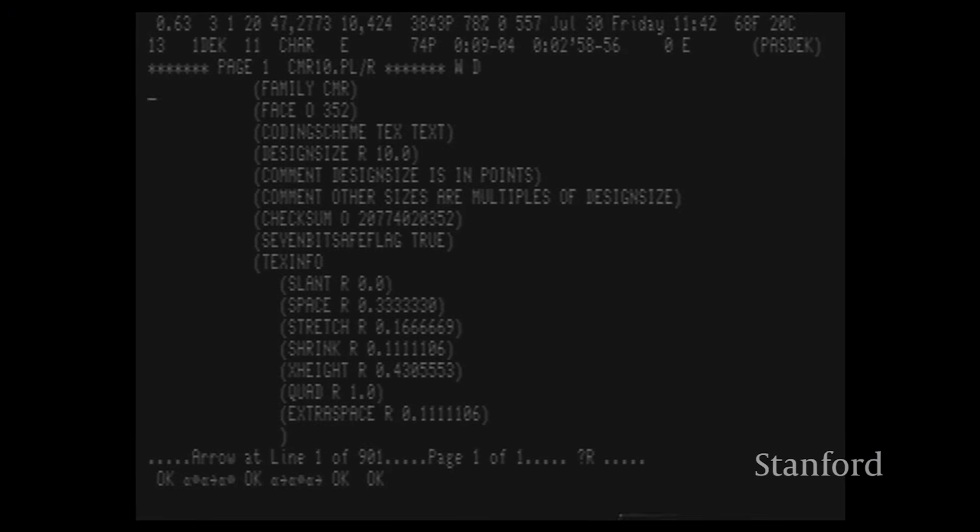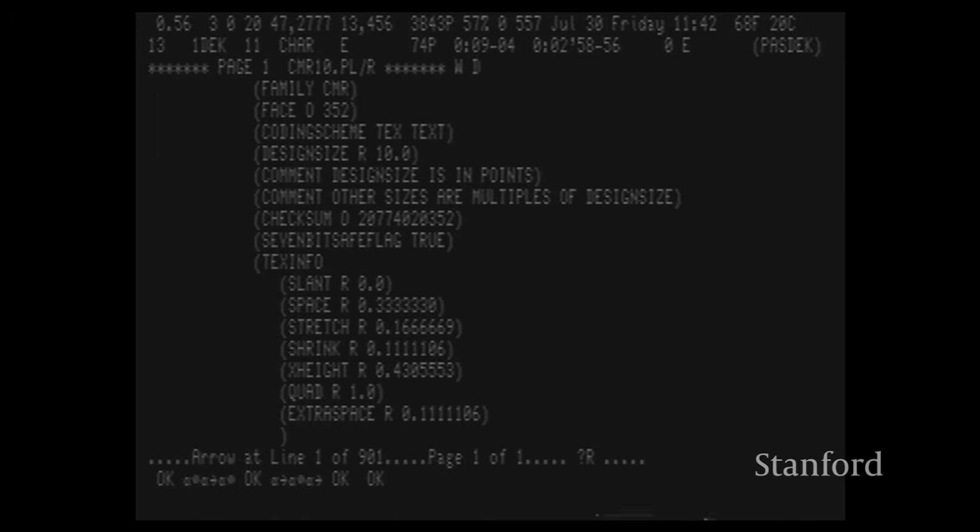TF to PL uses a subset of the possible PL files that are acceptable to the PL to TF program, and the general rules for PL files are explained in the documentation of PL to TF, which you also have in your handout. Now, the checksum is given there too, in case you wondered what it was.